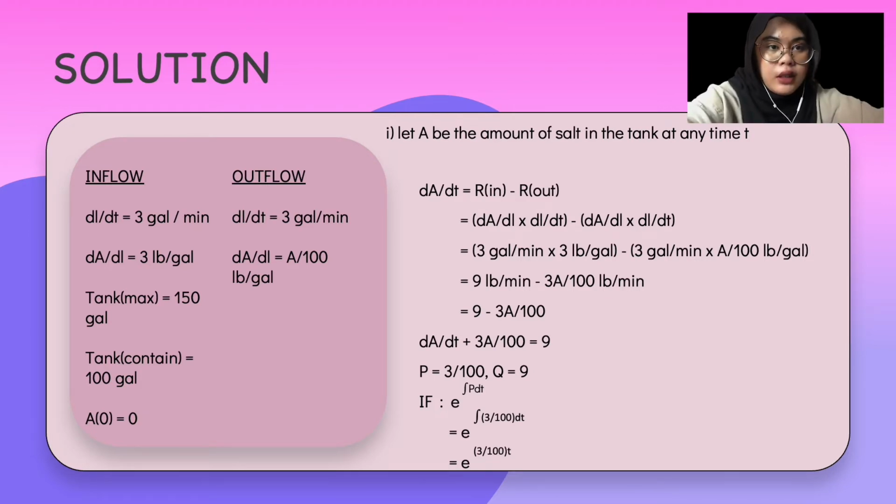As you can see in the slide, P equals 3 over 100 and Q is 9. And then we insert the formula of IF, which is e to the power of the integral of P dt. We insert the value of P, which gives e to the power of the integral of 3 over 100 dt. After we simplify it, we get e to the power of 3 over 100 t.